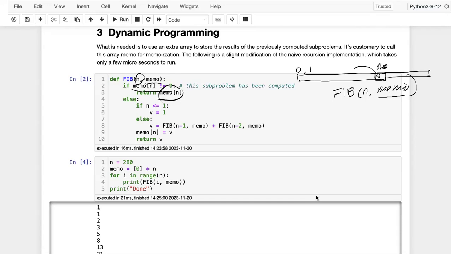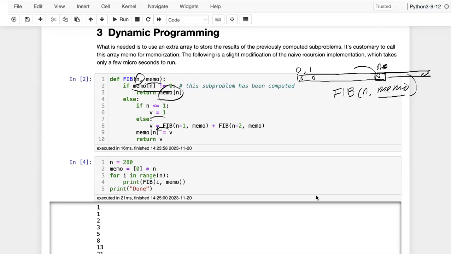Otherwise, at the beginning they are all zeros, and then we check whether n is less than or equal to 1. If it is, the value should be 1, so we compute v as 1, assign v to memo of n, and return v.